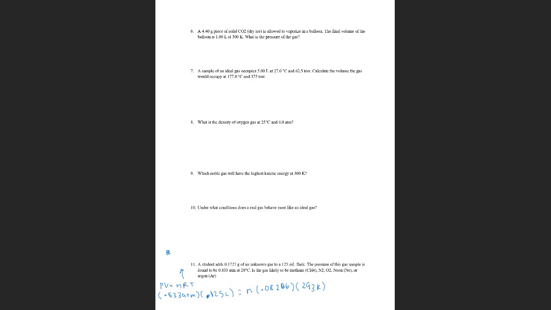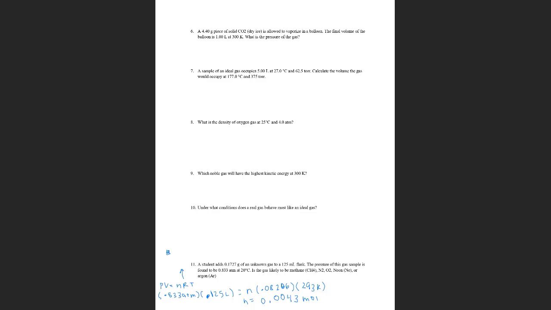So go ahead and do the math for this problem and let me know what the moles are. Correct. So it's going to be 0.0043 moles.